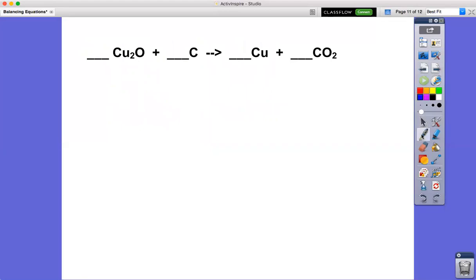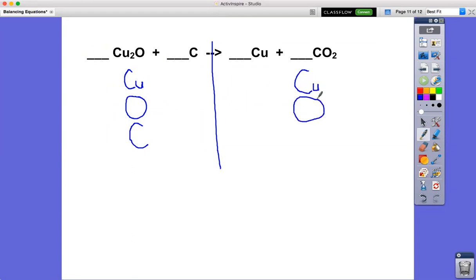Okay, gonna draw my line. I'm gonna list my elements. Cu and oxygen and carbon. Okay, over here, put my Cu, put my O, and put my C. Okay, how many copper on the left? 2.